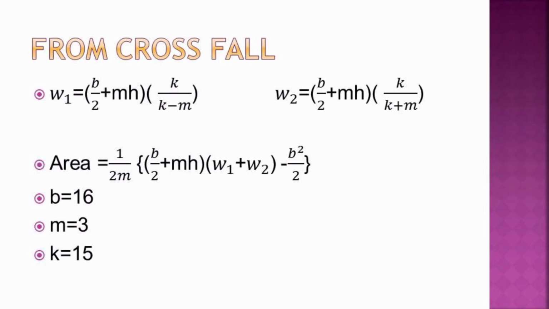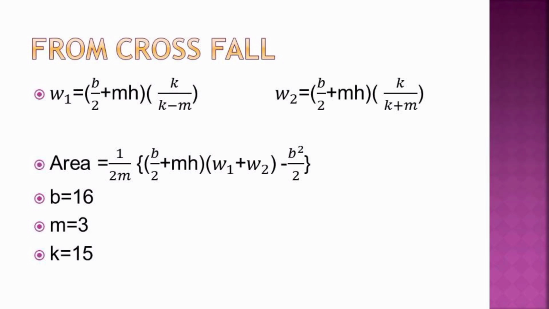Then we subtract b squared over 2. There, my b, that is the formational width, is 16 meters. M, my side slope, is 3. And k, my transverse slope, is 15.